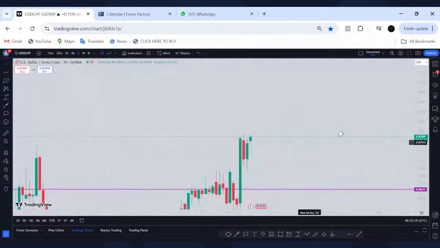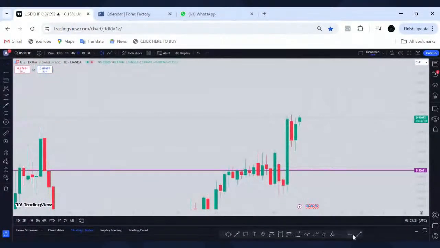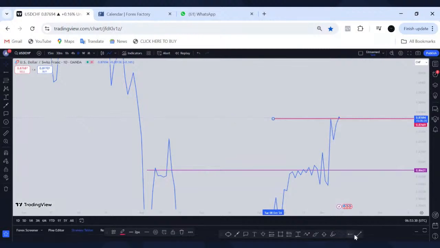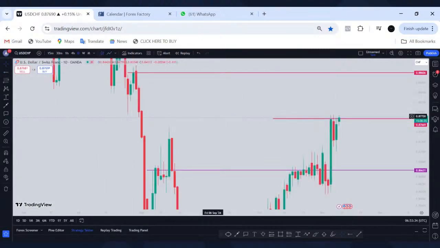On the daily time frame, we are currently having a support over here, a support over there.